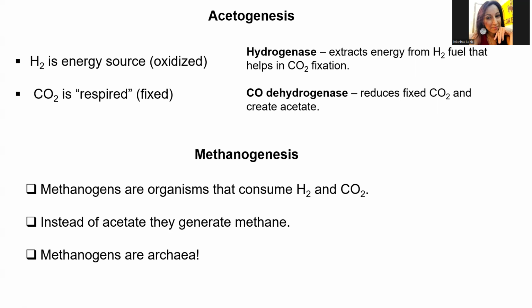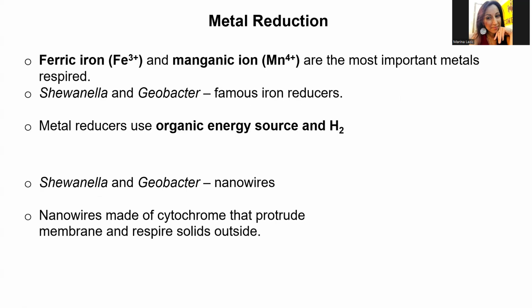That's important. Then we talked about metal reduction, ferric ion and manganic ion, 3+ and 4+. Again, it has to be in that structure because otherwise it cannot be respired. We talked about Shewanella and Geobacter as important iron reducers, and we will talk more about them later on.